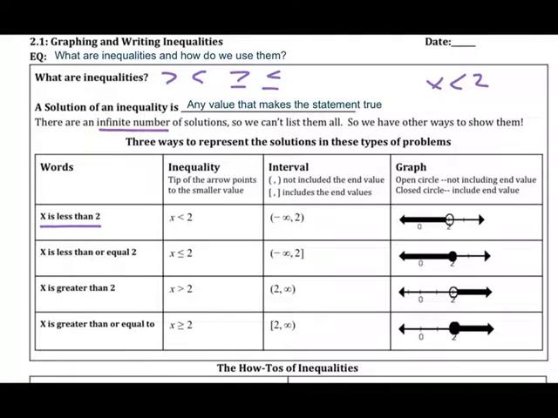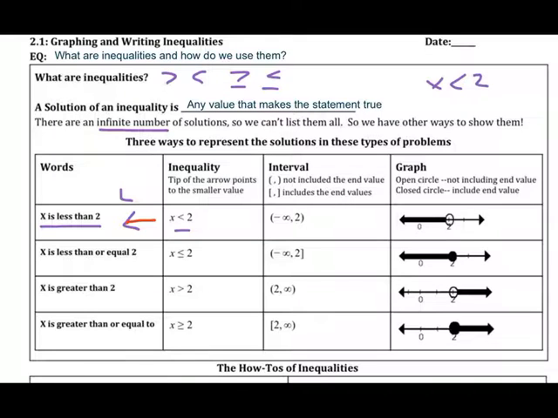I learned at some point that the less than symbol kind of looks like an L. A lot of people have issues remembering which one is less than and which one is greater than. I also learned that the inequality, if you turned it into an arrow, would point the direction that it would go on the number line. So this symbol right here is x is less than 2.